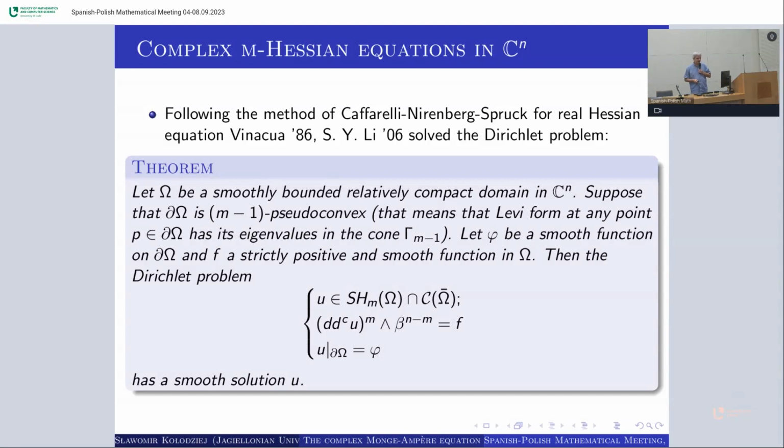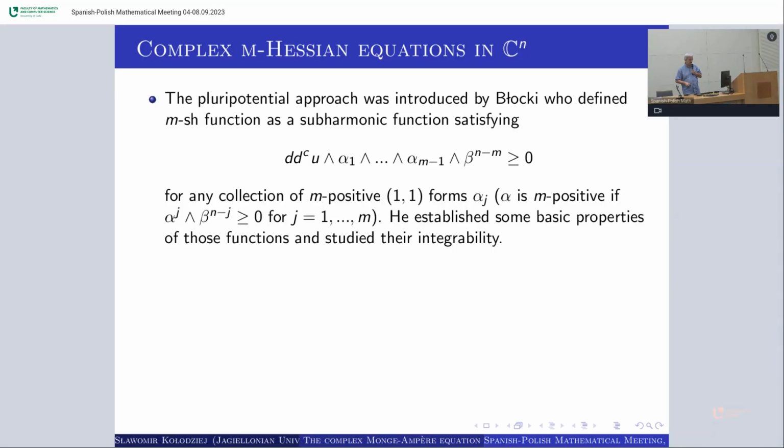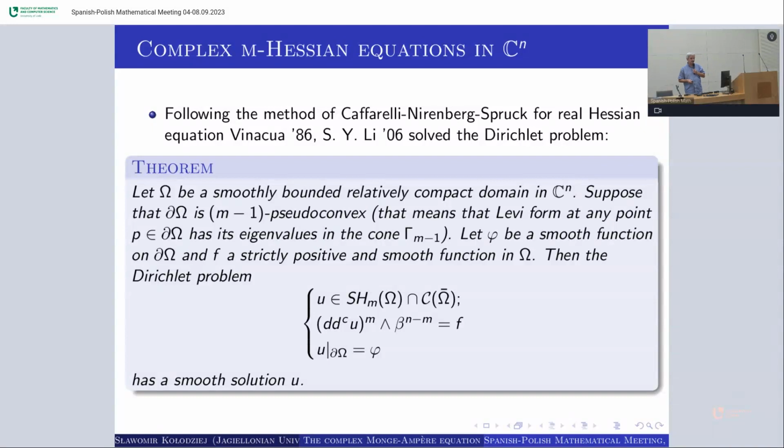And as I mentioned, Błocki considered weak solutions of the Hessian equation, but then maybe I go back first. Yeah, so here at the top we defined m-subharmonic functions.